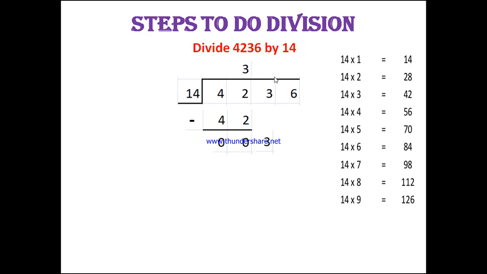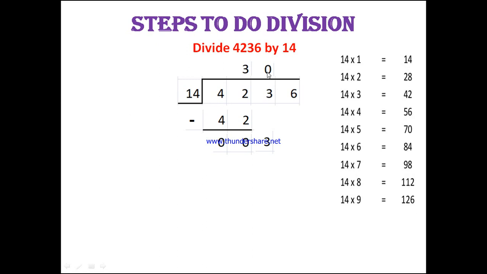So at this moment we place 0 in the quotient place. When do we place 0 here? When the fresh number is not available, and a number just smaller than the fresh number is also not available. Here the fresh number 3 is not available, and just smaller than 3 is also not available in the product column.